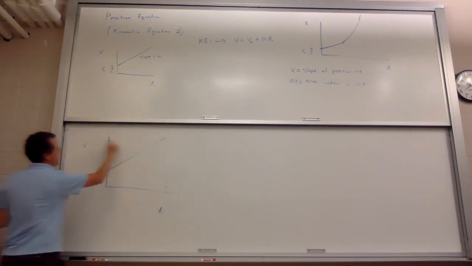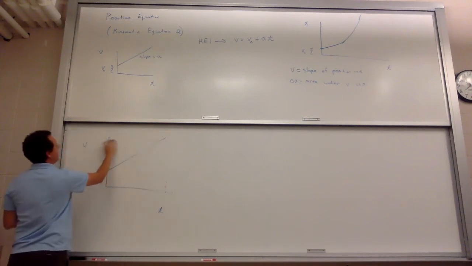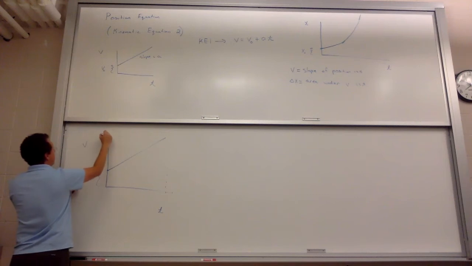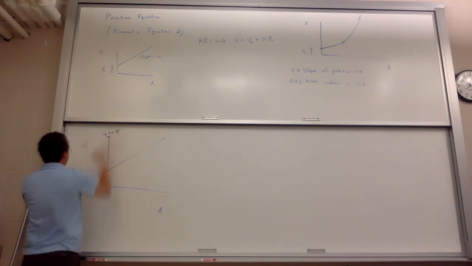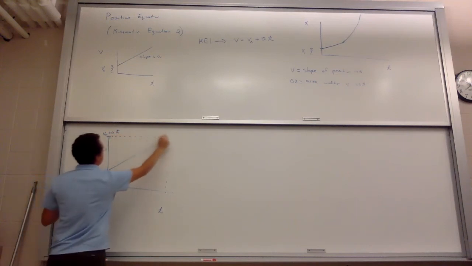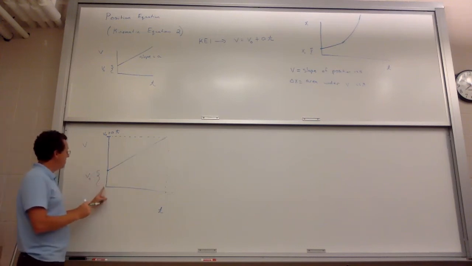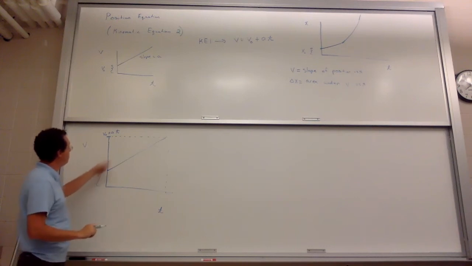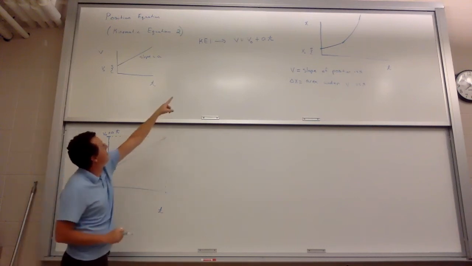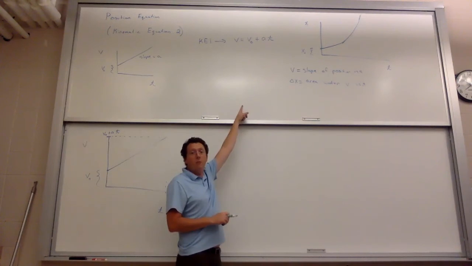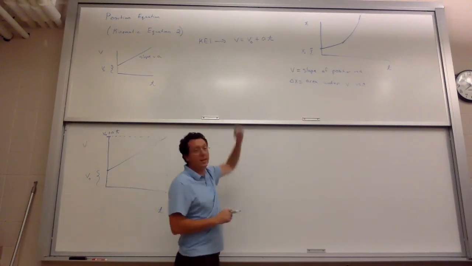So the height at time t would be v initial plus at. That would be the height of the graph for velocity at time t. Okay? So this is a line, and so between time 0 and t, it ranges from v initial to the result of that equation, v initial plus at.